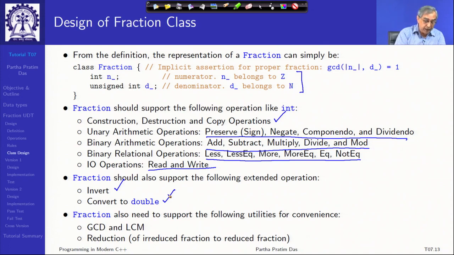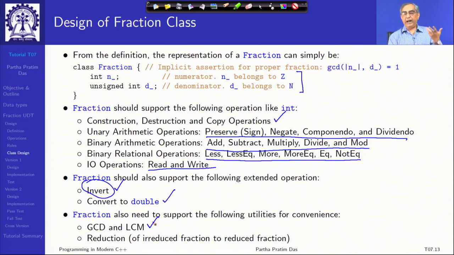For example, int does not have an invert kind of functionality, right, but most others are basically borrowed from the int data type. And along with that, we need some convenience functions like GCD and LCM. GCD because we need to check whether a fraction is reduced, otherwise we will have to reduce it.